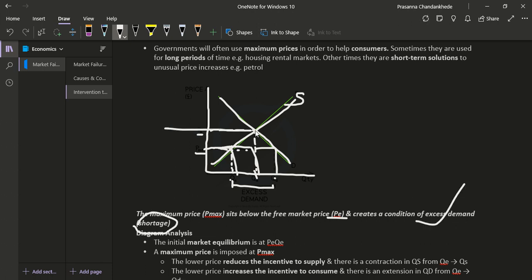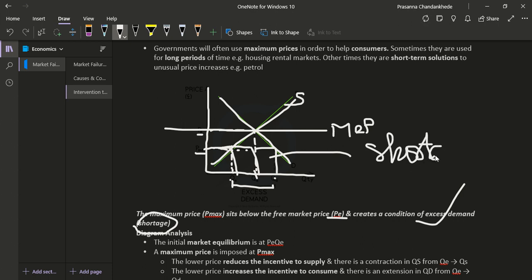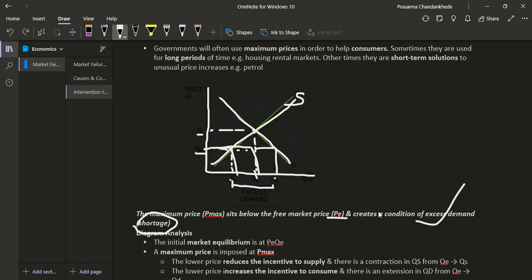So everything below the market equilibrium point, I call it MEP, will be shortage. Remember that? It will be shortage. Sorry for that bad handwriting.